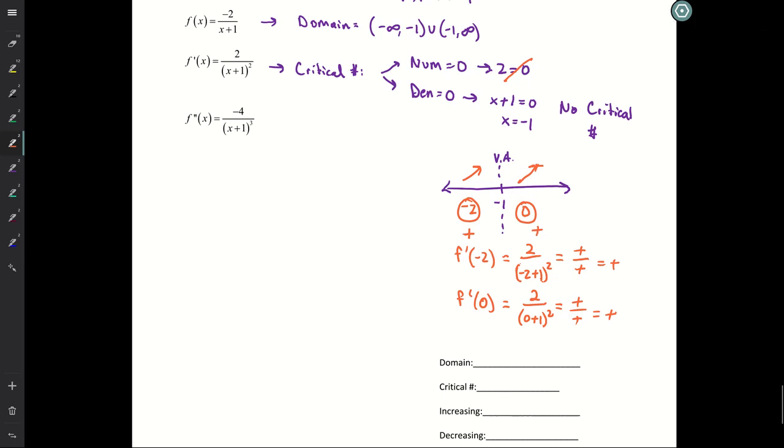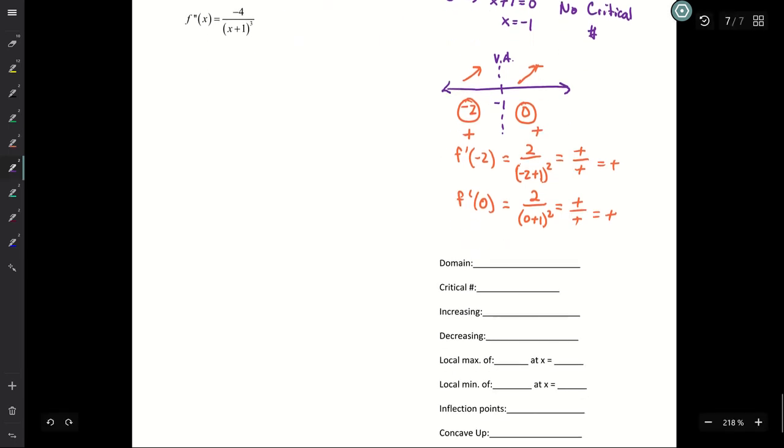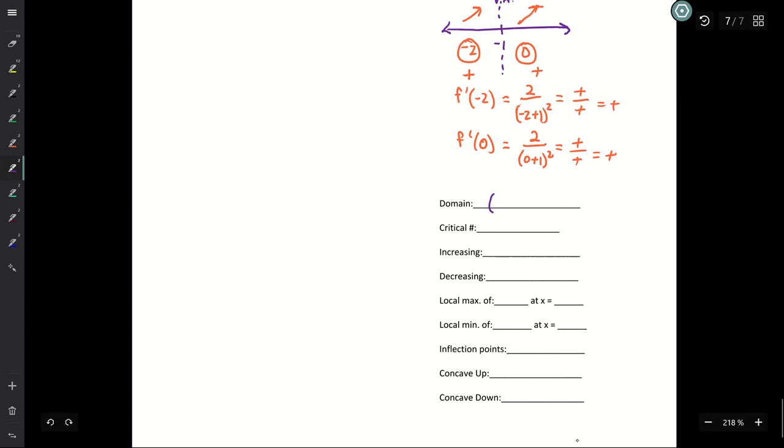So let's come down below and answer some of these questions. Domain, we said that's everything but -1, because -1 was a vertical asymptote. Critical numbers, we didn't have any. The only one would have been -1, and it's not in the domain.